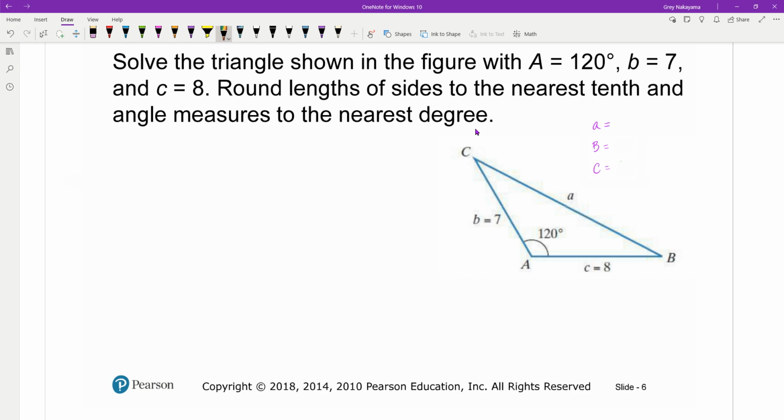First and foremost, I'm finding little a because I'm given the angle opposite it. So I'm going to write down a squared equals b squared plus c squared minus 2bc cosine of A, because it helps to write that formula down. And then I'm going to fill in. A is what I'm looking for. B is 7.